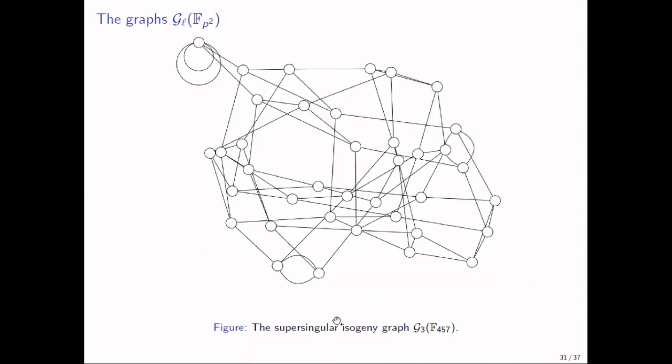This is the 3-isogeny graph over this field. So you see here you have a double edge. Here you have two loops, and there are just lots of not too small cycles. Okay, so these graphs are just very different from the graphs that we saw for the commutative case, where we were just in an order in an imaginary quadratic field.